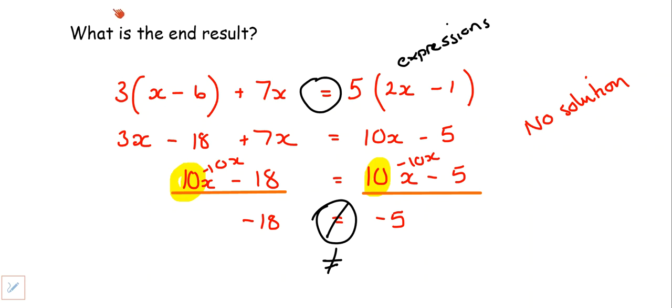Now I just wanted to go through this one. There was one that ended up as, I think, 6x minus 12 equals 6x minus 12 after you've done some expanding and simplifying. Again, I want you to be able to interpret that result. What does that tell us?